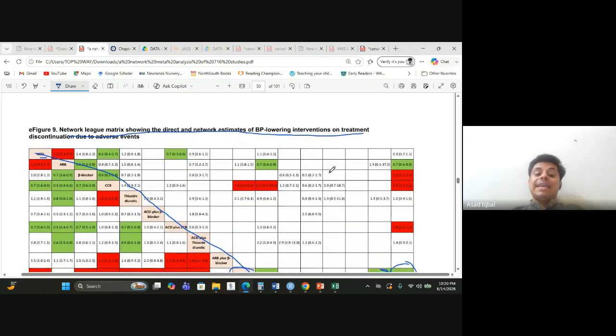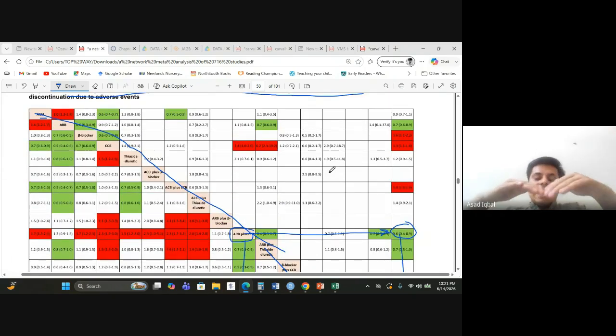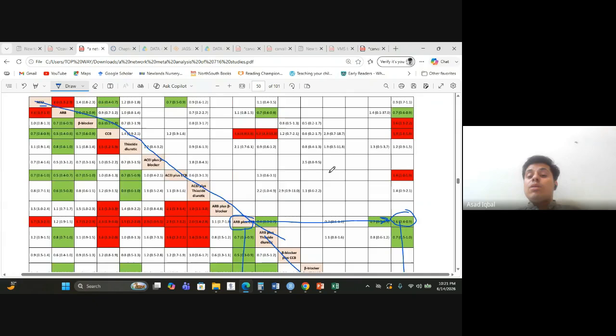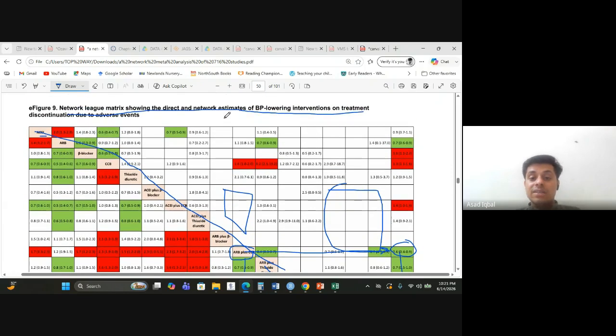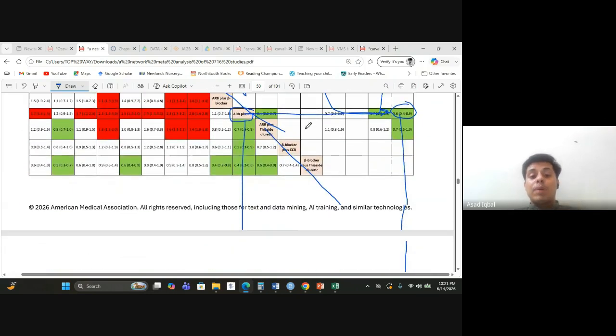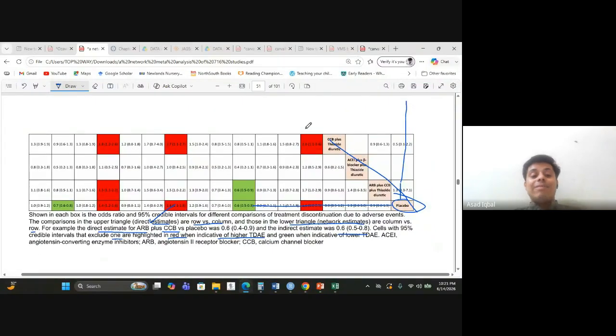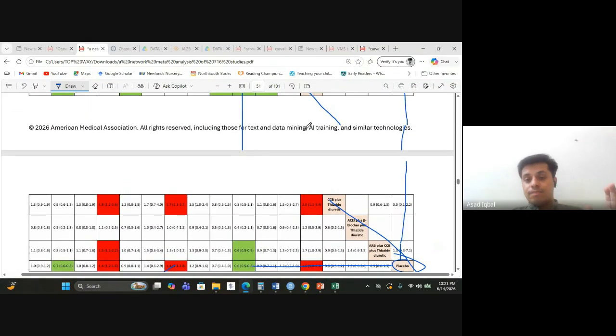As I said, there are two triangles, one above this line and another below it. One thing you may notice at first glance is that in the upper triangle, there are some empty cells. The first question you will ask, Asad, is why are there empty cells in the upper triangle, but no empty cells in the lower?